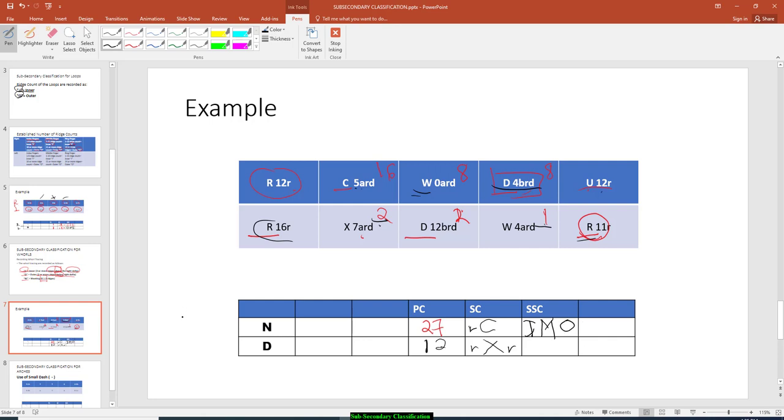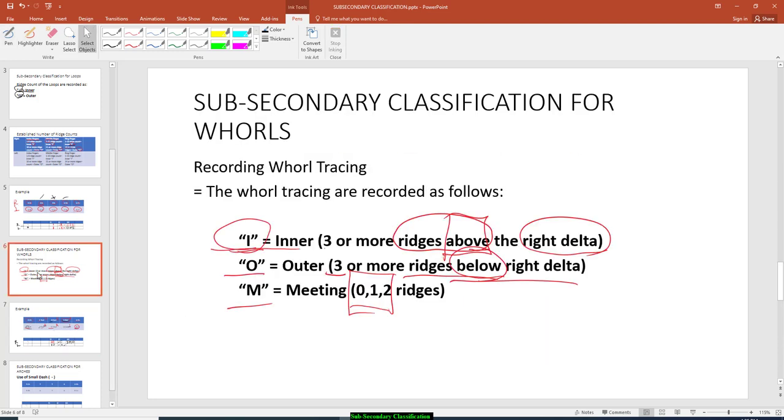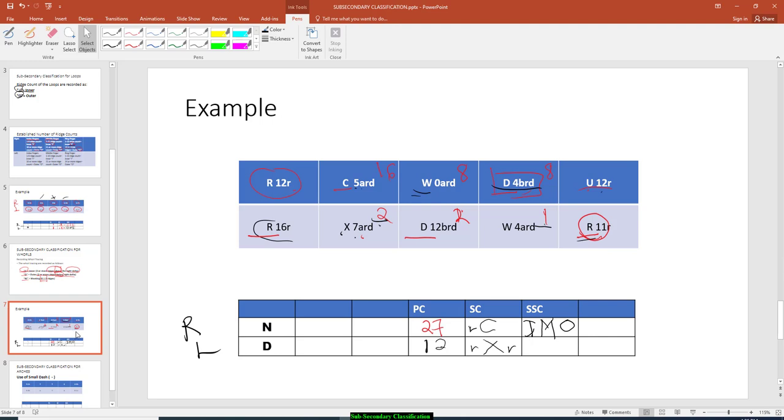Let us move to the denominator. How about here? We have 7 ridges above right delta. So let us go back. If it is above right delta and it is 3 or more, it will be capital letter I.